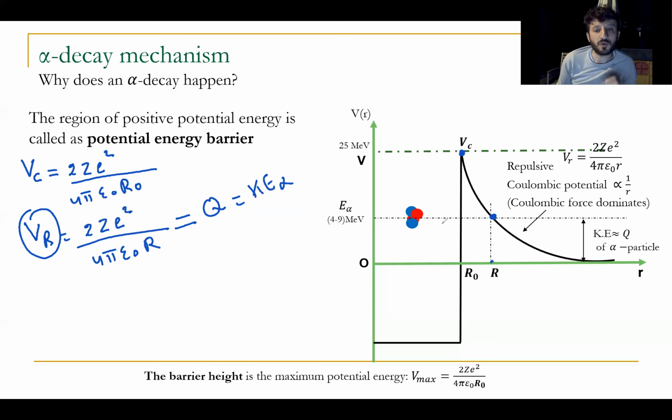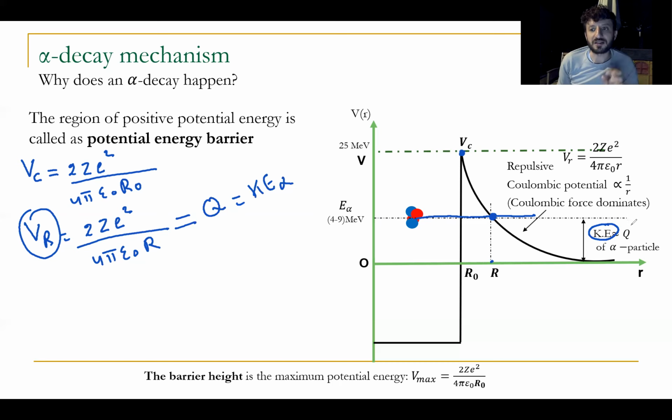Now I consider that the alpha particle is going like this. At this point the alpha particle is coming out, so it has a kinetic energy which was calculated before.